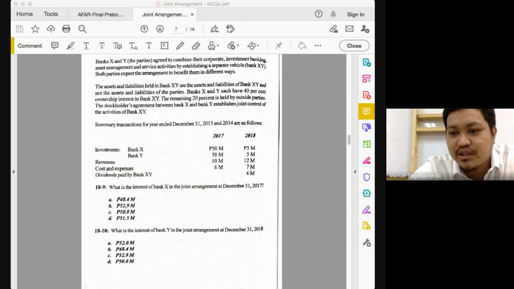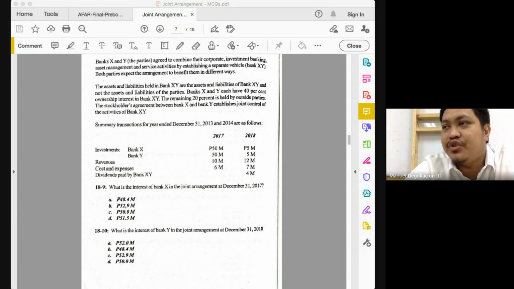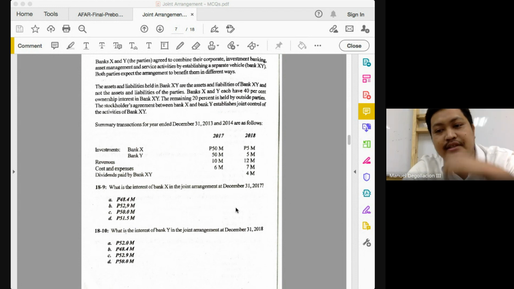So the initial balance of 50 million plus share in the profit of 1.6 million. Our answer should be 51.6 million. Okay, the answer here should be 51.6 million. The answer is not in the choices. The answer should be 51.6 million.